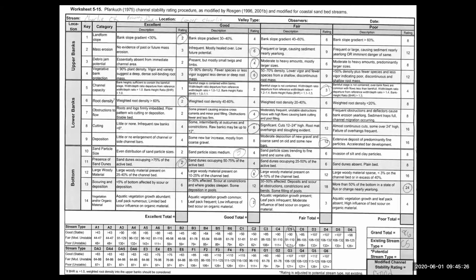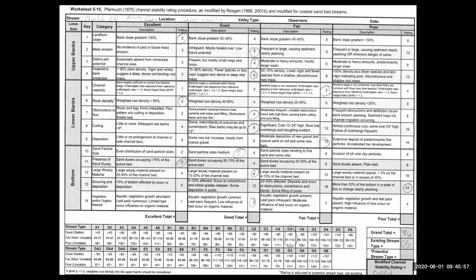And I don't think I have enough time to go into this in too much detail, but basically it looks at things like scouring and deposition, large woody materials, presence of sand dunes, sand particle size, whether you have an invasion of silt and clay particles due to erosion, deposition, bank erosion, obstructions of flow, rooting density, channel capacity, which basically is looking at whether the river has connection to the floodplain or whether it's been over-widened by stream bank erosion.